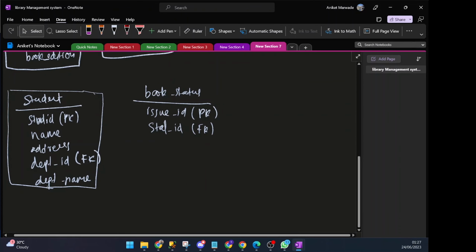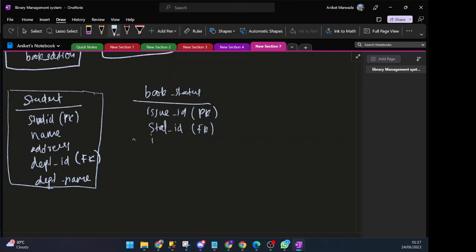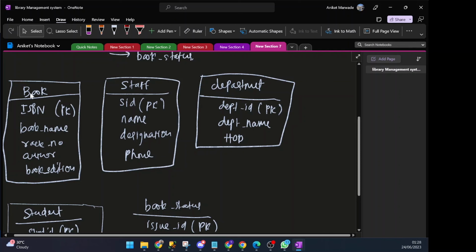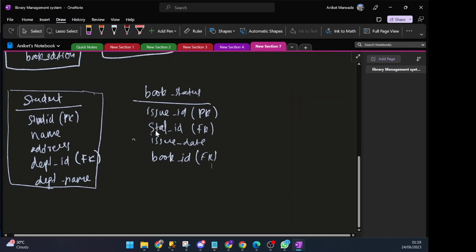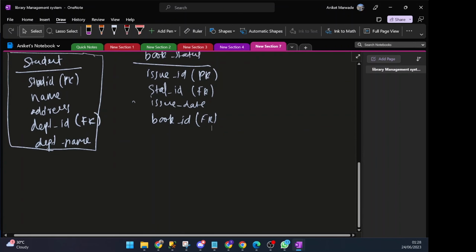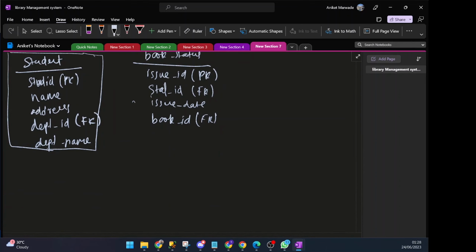Now we'll have issue date, the date of issue of the book. We'll have book ID. So it will be a foreign key, which will refer to the book ID from the book table, which is ISBN, which will be unique for all. Now we will be having staff issue ID.